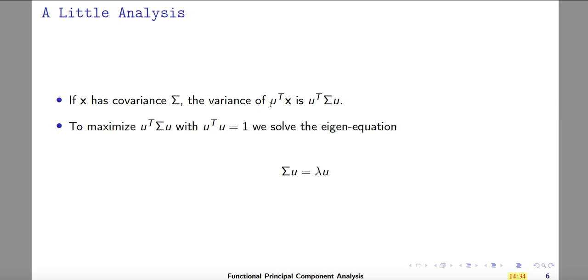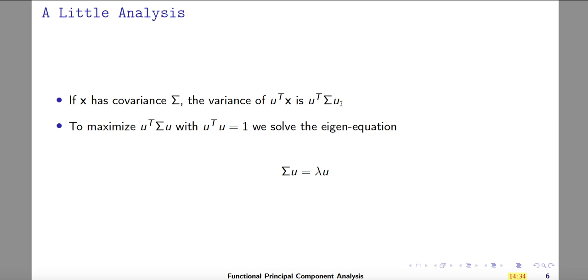So this is the projection of x on the direction u. This projection is also called PC scores, right? So we can find the variance of these PC scores as equal to u transpose times covariance matrix capital sigma times u.